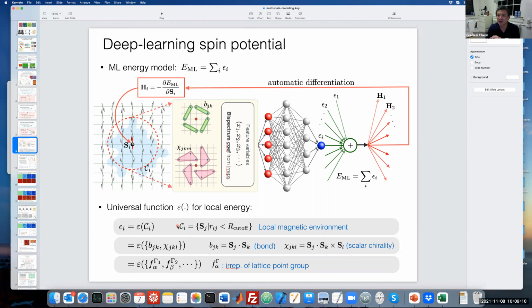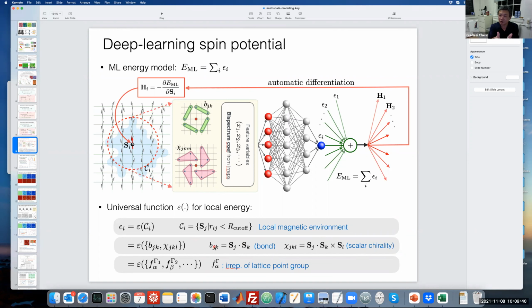And so in quantum chemistry, people developed all kinds of descriptors, ACSF, Coulomb matrix, or bispectrum, and so on. But for lattice models, if the structure is simpler, the descriptor might not play a crucial role. But for a spin system, for example, if you want to ensure the global rotation symmetry of your machine learning model, you need to do this descriptor, right?